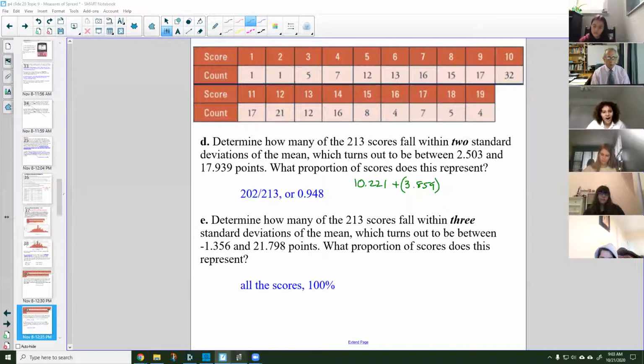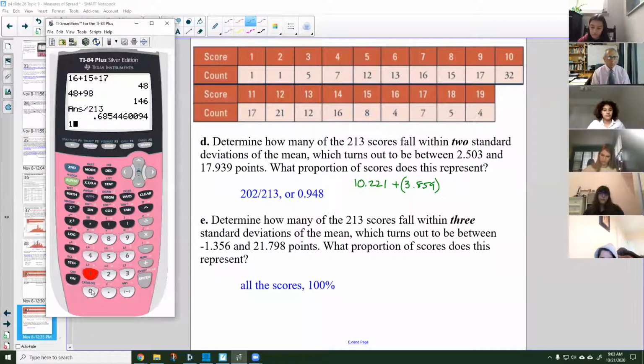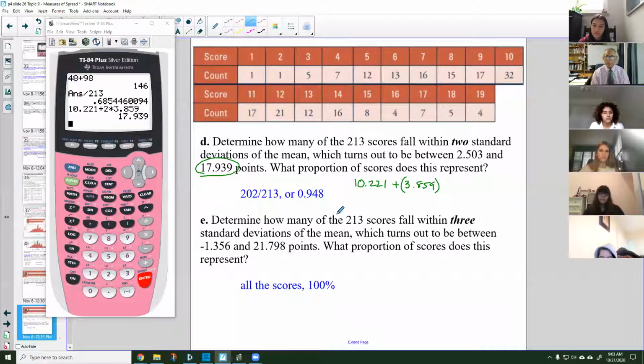So I'm going to go 10.221 plus 2 times 3.859, and I get 17.939. That is 2 standard deviations above the mean.